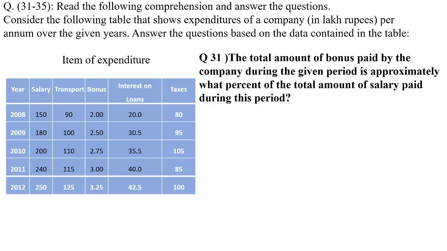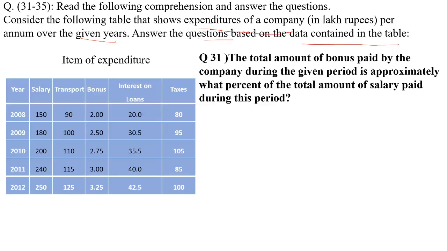Okay. So now we discuss questions 31 to 35. Read the following comprehension and answer the questions. Consider the following table that shows the expenditure of a company per annum over the given years. Answer the question based on the data contained in the table.